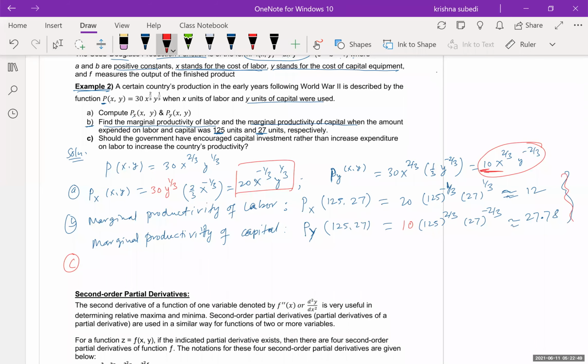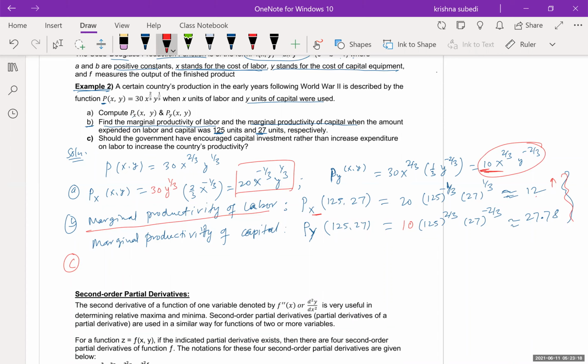Notice that what this marginal productivity means is that if you increase the labor, because X represents labor, by 1 unit, the production will increase by 12 units. That's the meaning, right? If you increase the labor by 1 unit, keeping the capital constant, the production will increase by 12 units.